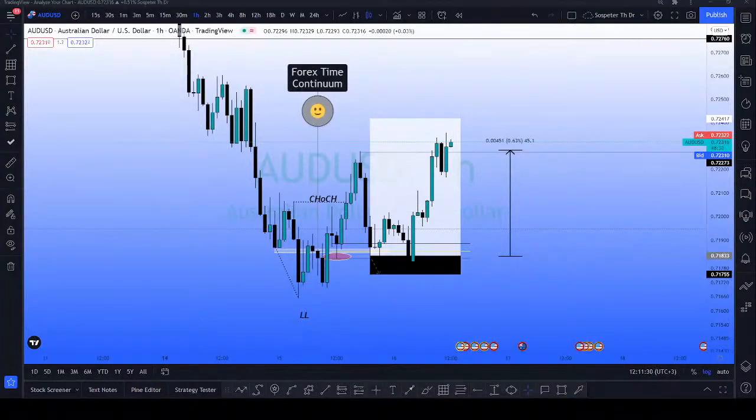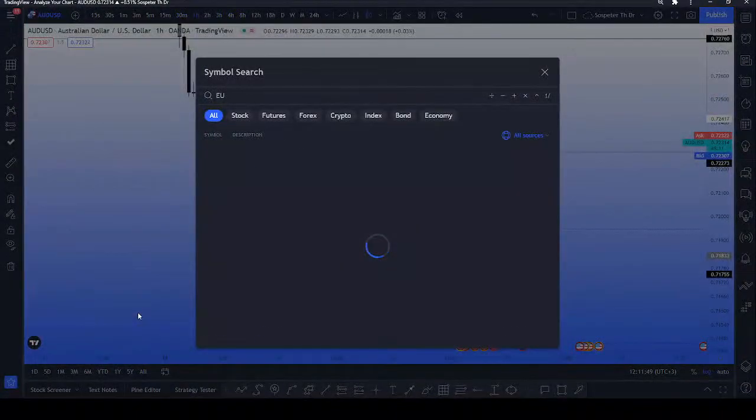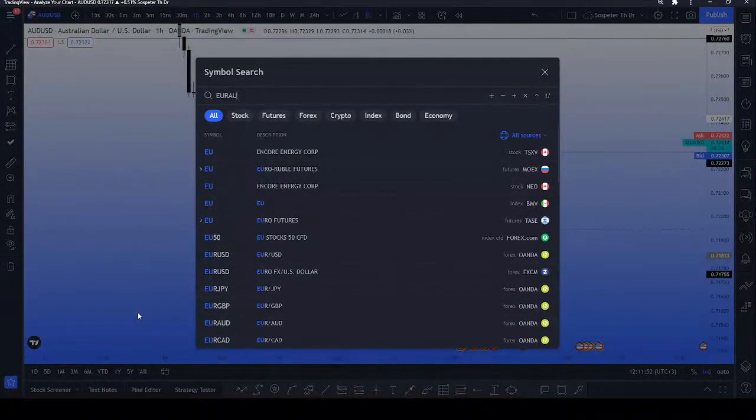It's already 12 minutes, I've used a lot of time. That Facebook thing had a lot of mess setting it up, but it's okay. The next setup is, I think, Euro AUD.